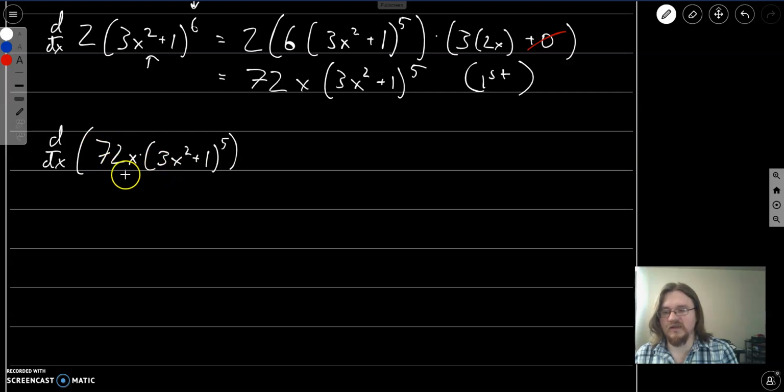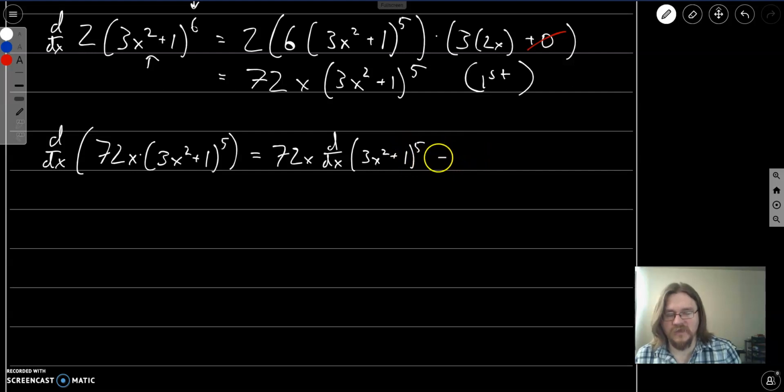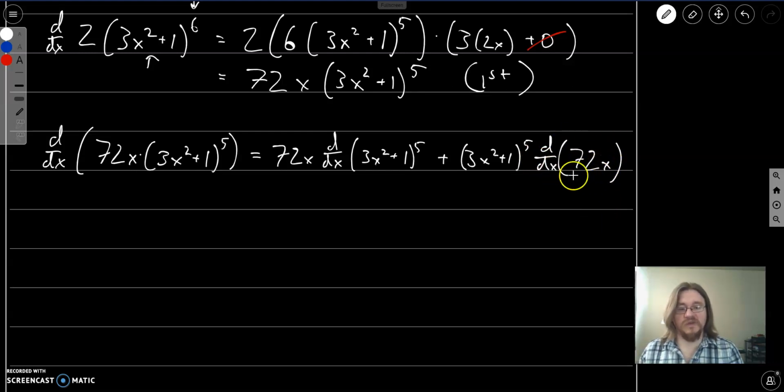When we use this product rule, I'm going to take the first guy times the derivative of the second, and I'm just going to write it down as the derivative for now, plus the second guy times the derivative of the first. This will be easy to take the derivative of. This guy will be a little bit harder. So I'm going to focus on this first one for now.